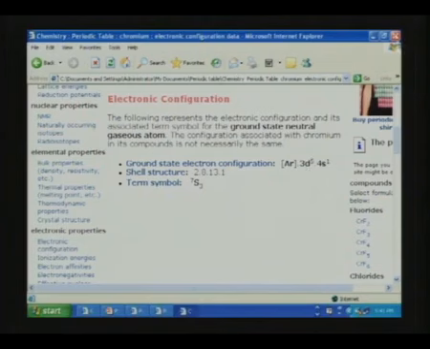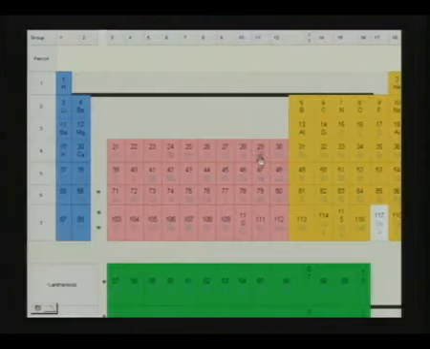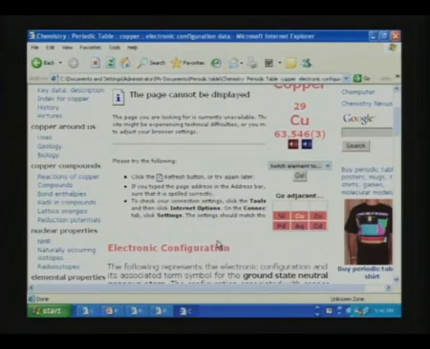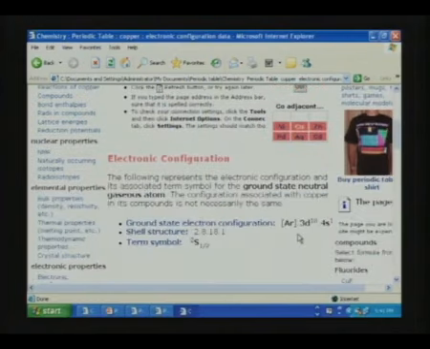Another case is copper. Following the above principle it should be 3d9 4s2, but instead it is 3d10 4s1, because the 3d10 as a fully filled orbital will be more stable than a nearly filled one.